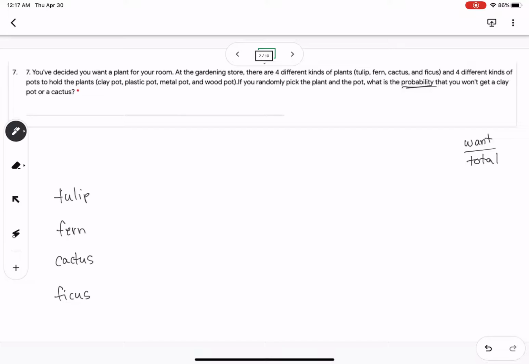And now at the top, let's look at the different types of pots we could have. We could have a clay pot, a plastic pot, a metal pot, or a wood pot. I'll put that want over total up here.